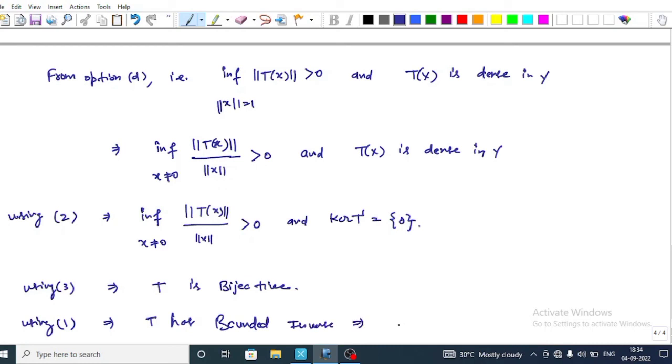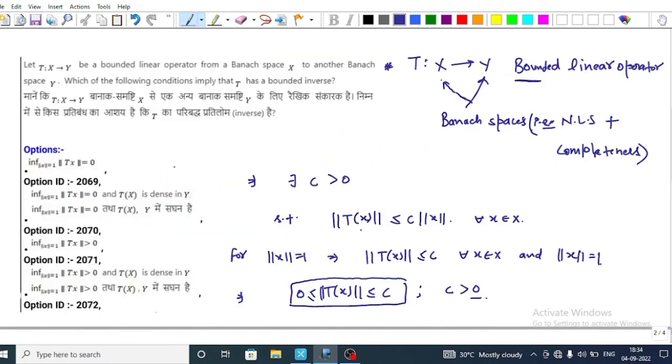This implies that option D only is correct here, because this is a part B question, that is, option D is correct, and option C is only half of the condition, and option B is also incorrect, and option A is also incorrect.